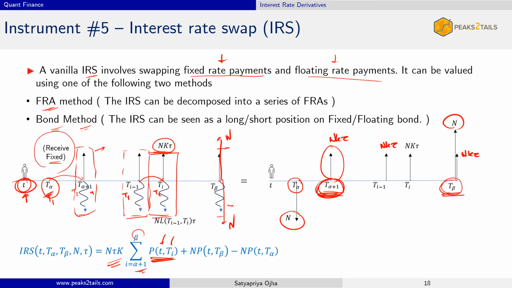Just plug in the discounting factors. You get this. And additionally, there is an N inflow at T beta, that is this guy, and an N outflow at T alpha, that is this guy. That's the valuation of the IRS. Simple stuff.